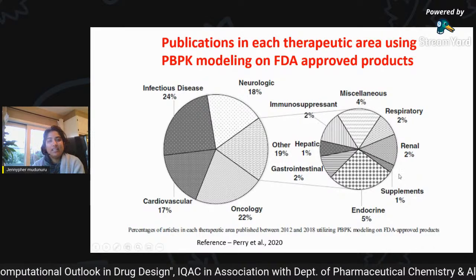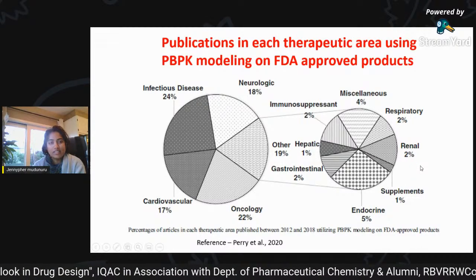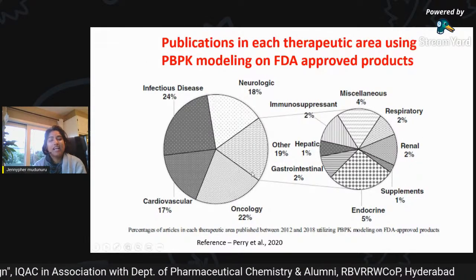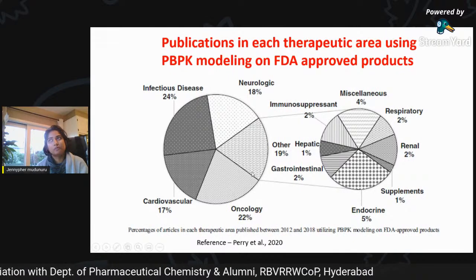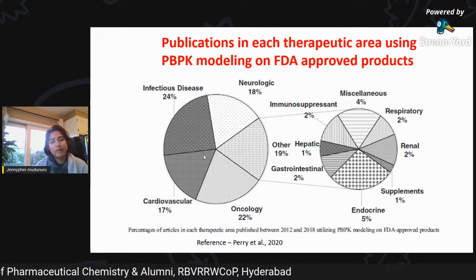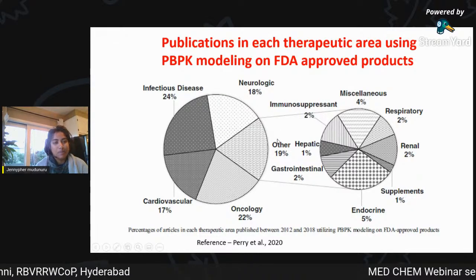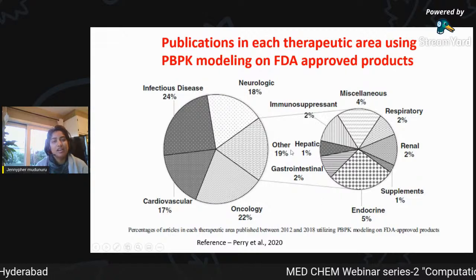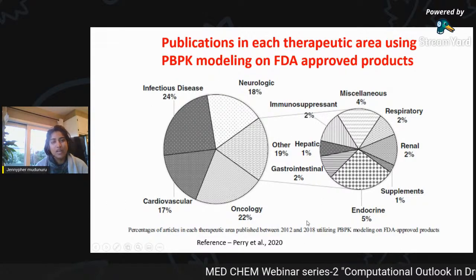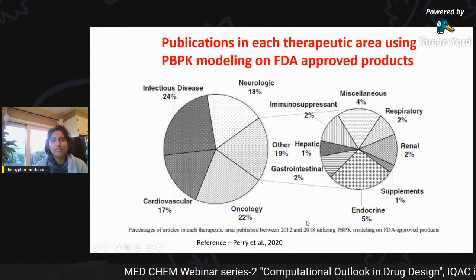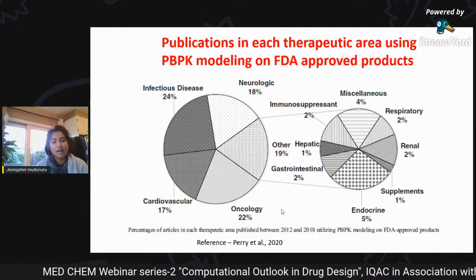This is a similar representation, basically of FDA approved products. People have started taking approved products, and it's not just already approved, but how FDA has accepted PBPK models in various disease areas. So there's quite a lot of acceptance these days.